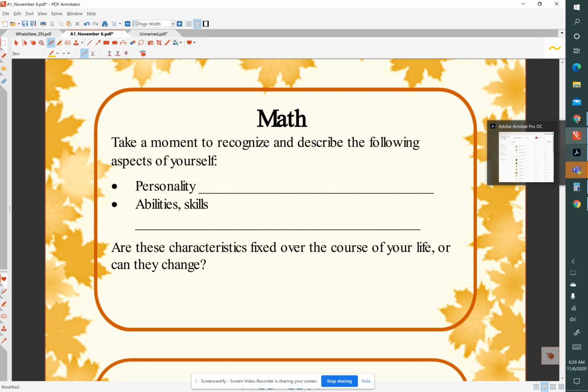So our Do Now today asks us to take a moment to recognize and describe the following aspects of yourself: your personality and your abilities and skills. So those are two different things. You could be someone who's very funny, but that doesn't necessarily mean you have a skill in writing comedy sketches or in stand-up comedy.